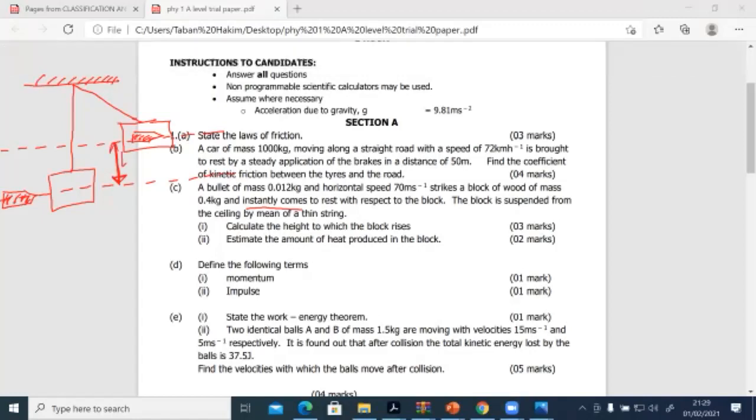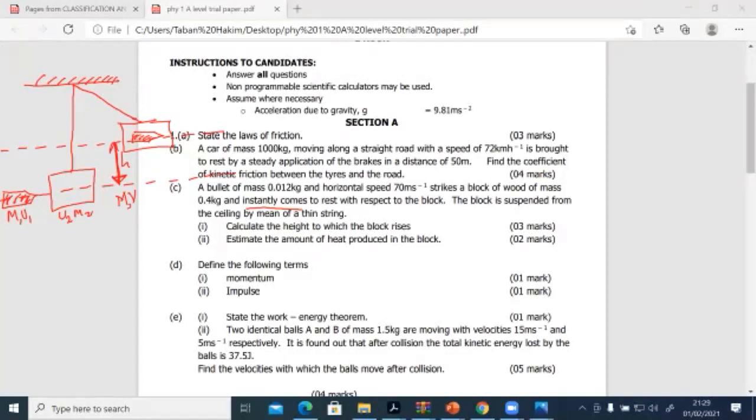So this is our height h. The question says that a bullet of mass m1 with velocity U1, this is U2, mass m2, and then the two after collision will be having a total mass which is capital M and a total velocity which is capital V. I'm just using that because the two will be moving as a single body.